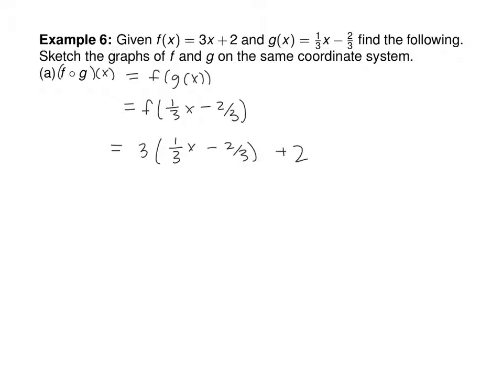Okay, now when that 3 distributes, what do you get? X, right? What comes next? Plus, which gives you x. Okay, so one composition is x. Try the other one. You try now.